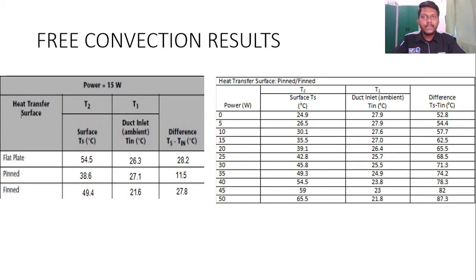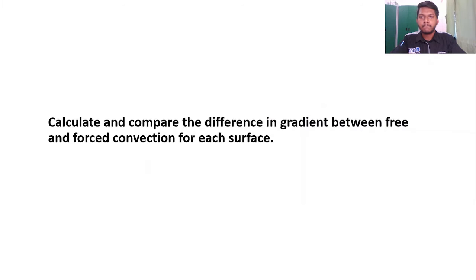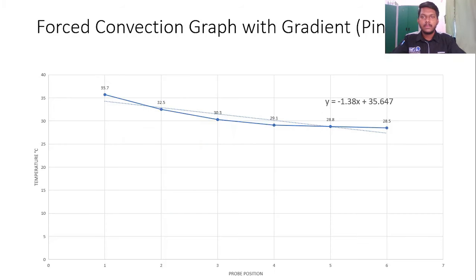and this will be the free convection results. The next question is to calculate and compare the difference in gradient between free and forced convection for each surface. So here is our gradient for the forced convection graph for pin. We choose pin to find out the gradient.